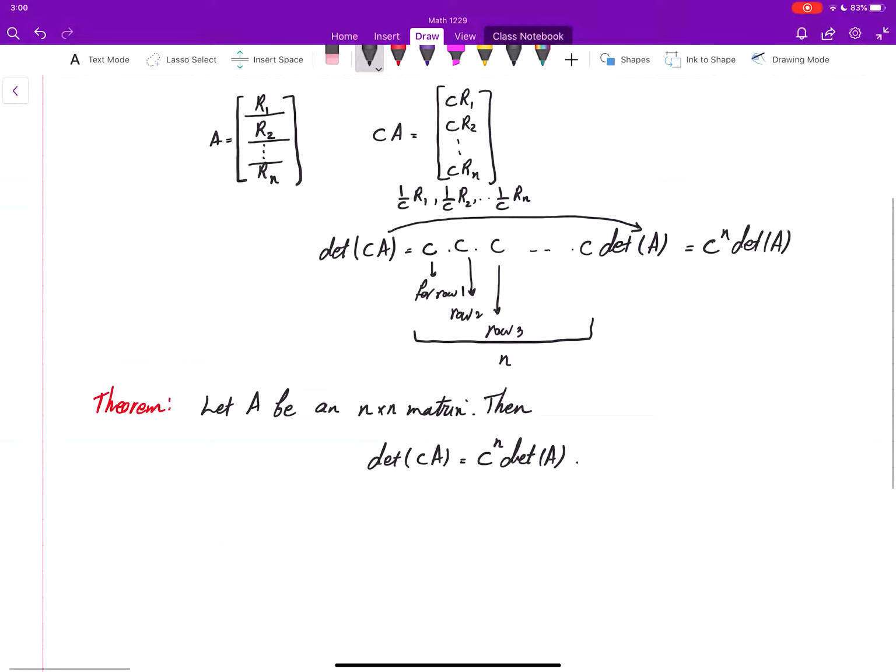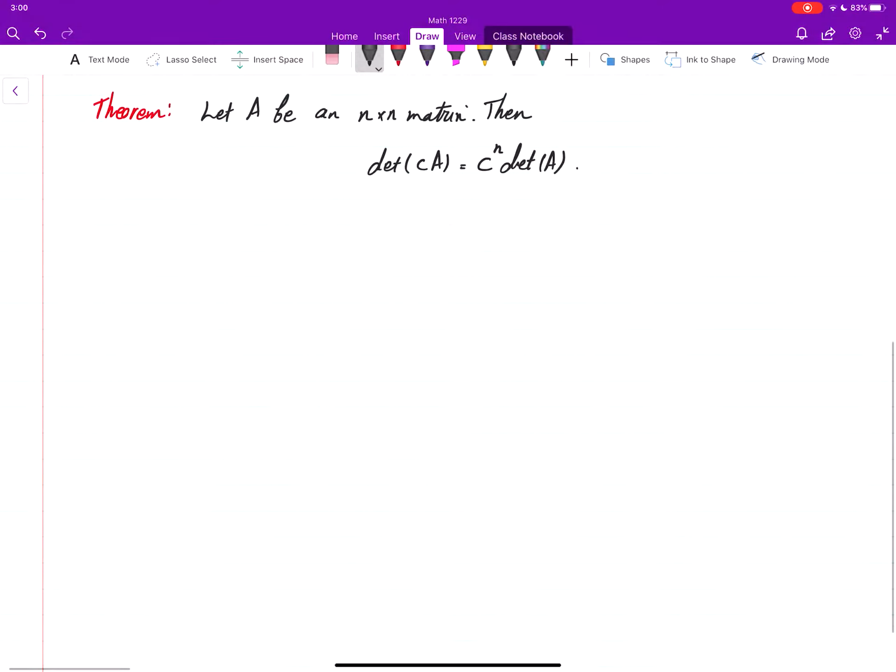The number of rows appears there as the power of C. So that's the property: scalar multiplication changes the determinant by a factor of C to the power n.